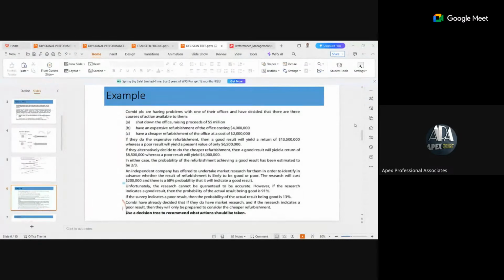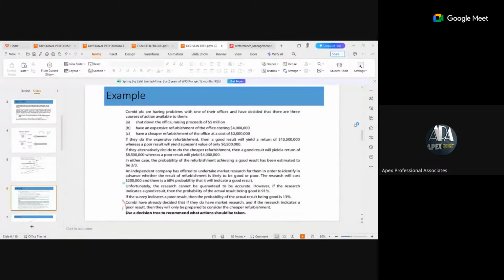For expensive refurbishment, we incur a cost of 4 million. And when we incur a cost of 4 million, we have 2 expected returns in terms of good or bad. And the associated return is stated in the question, which I've mentioned, 13.5 and 6.5 when it is good and bad, respectively.